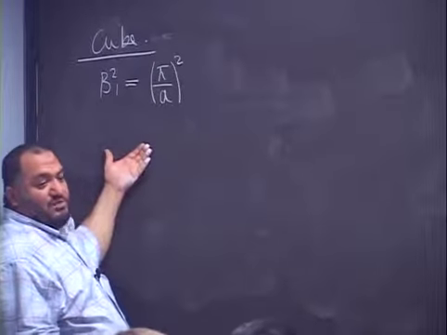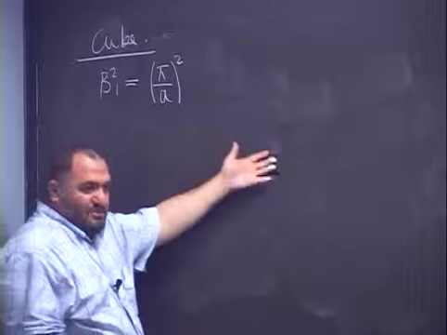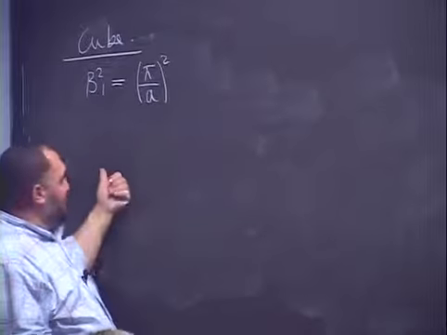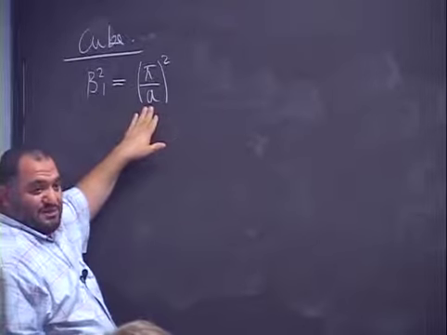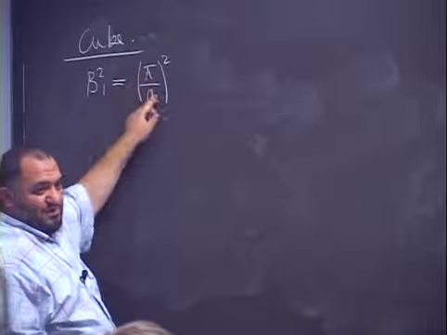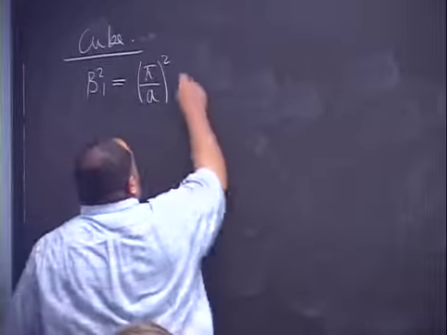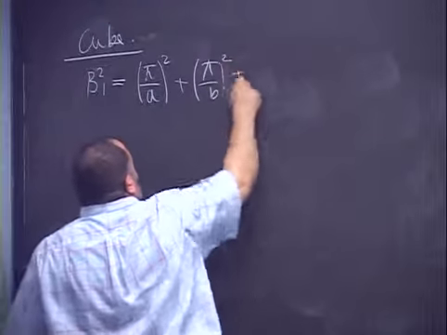This will be equal to a constant, and this will be equal to a constant, and this will be equal to a constant. Then the first constant will give you this, the second constant will give you pi over B, the third constant will give you pi over C. So the buckling will be the summation of those three terms.